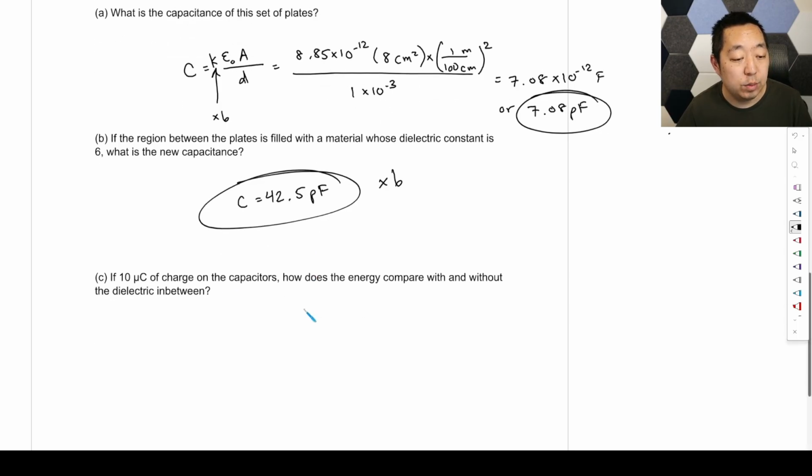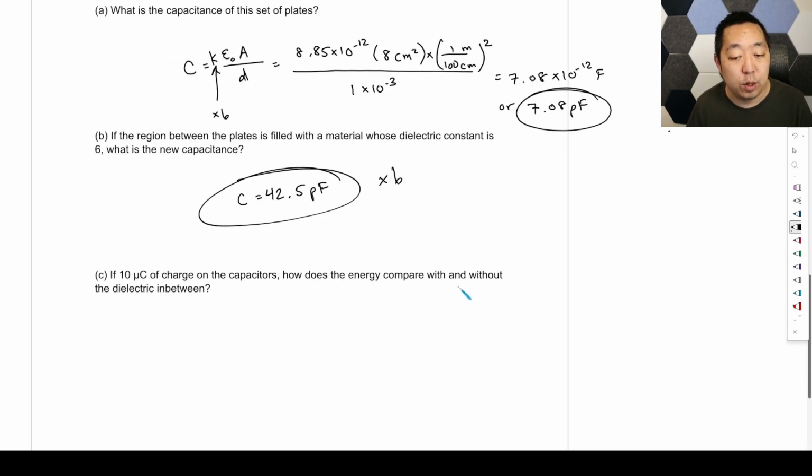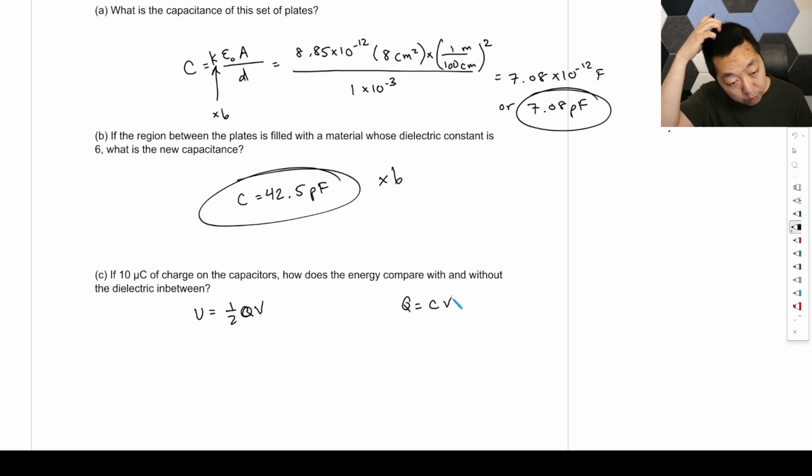If 10 microcoulombs of charge were on the capacitor, how does the energy compare with and without the dielectric in between? Here we're going to use U equals 1/2 QV, because we know the charge. We need to know the potential difference, but we know Q is also equal to CV, so we can solve for the potential. Why do we want to solve for the potential?